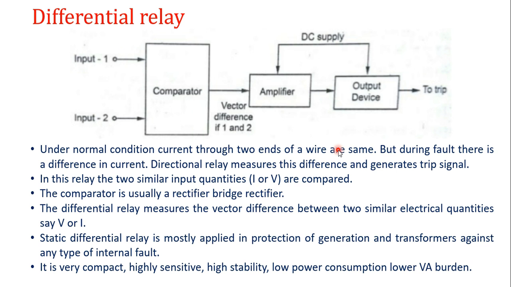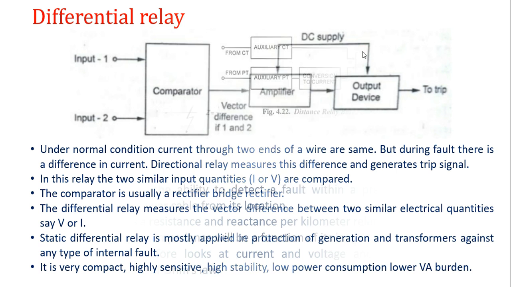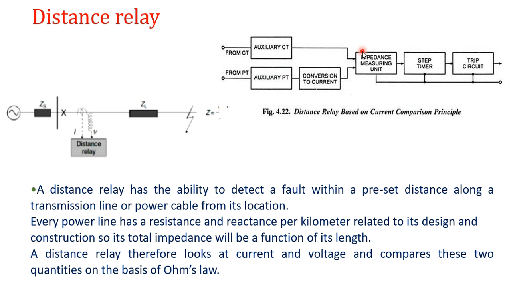It cannot be used in large transmission lines as the length of the line will be large, and in the normal case there will be a large difference in current also. Next is distance relay. In case of transmission line, as the length of the line is very large, we mainly use distance relay for the protection.